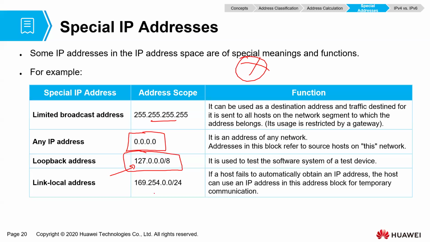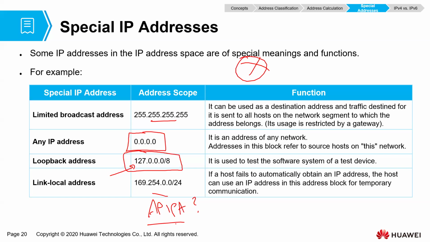We have a link local address, usually used to give an IP address to a device which has failed to be addressed either manually or via DHCP. So this one is usually called the APIPA address, if I'm correct. So these are the special types of IP addresses that we have on top of our private and public. We also have these special IP addresses.